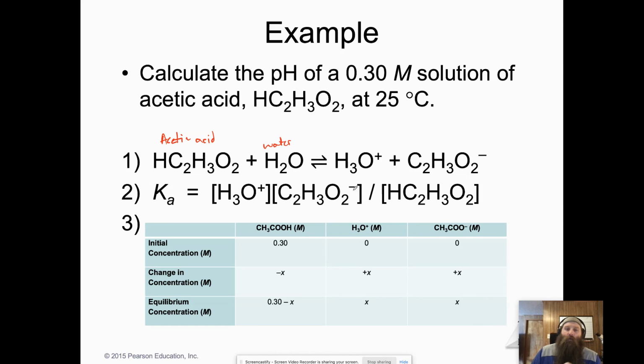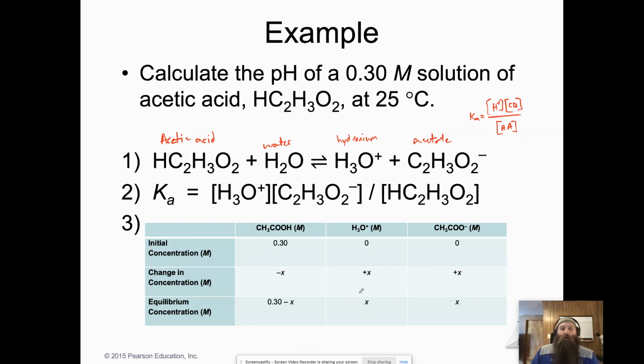We're calculating that as an equilibrium to make our hydronium ion and our acetate ion. All right, we know that Ka is equal to H plus times our conjugate base over our acid. There it is.